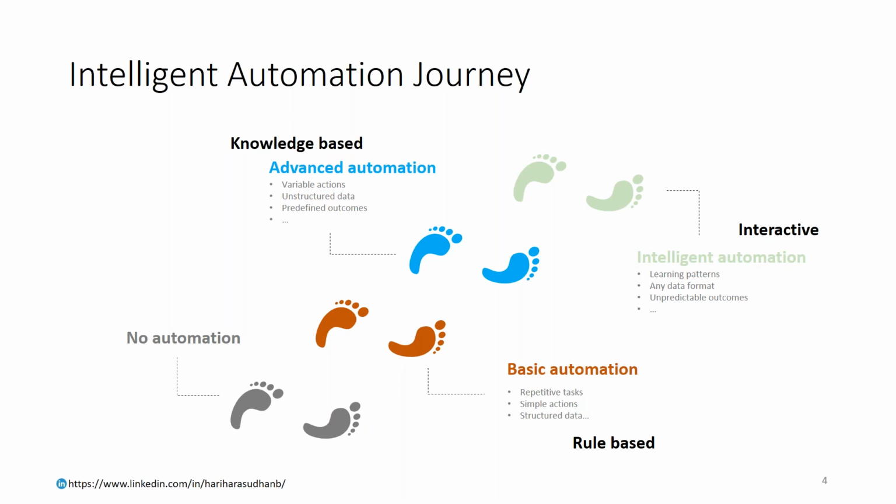So in the middle phase, in advanced automation, let's take a case of image. Let's take a case of taxi claims or any flight claims or whatever bills you have, you are claiming.